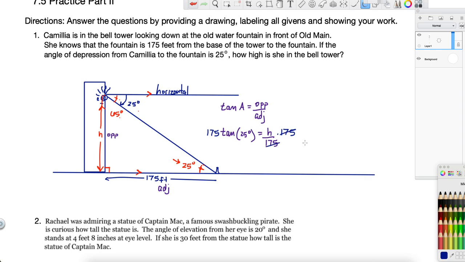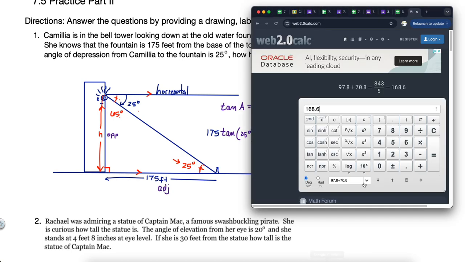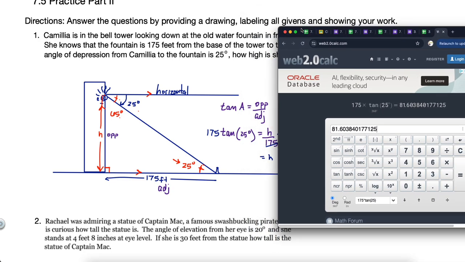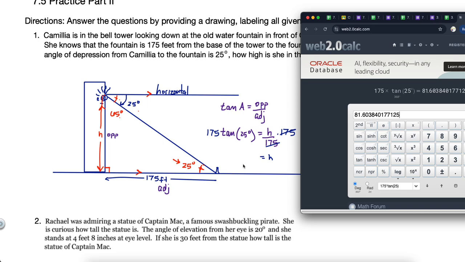The 175 cancels, H is now by itself, and we go to our calculator and do 175 times tangent of 25. That's 81.6. I didn't say how to round, so let's just leave it to the nearest tenth, 81.6, and that would be feet.